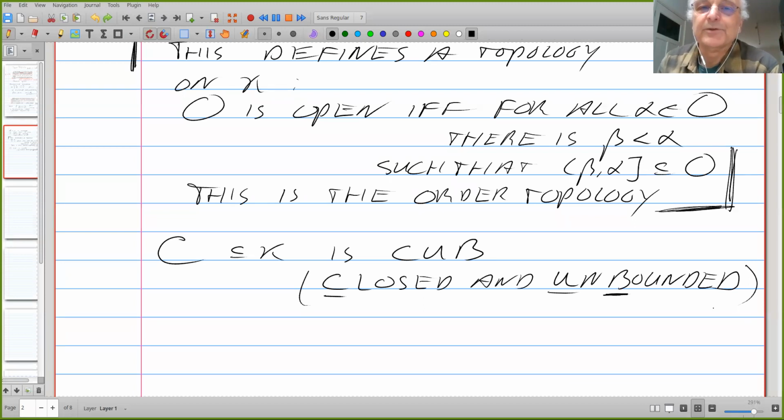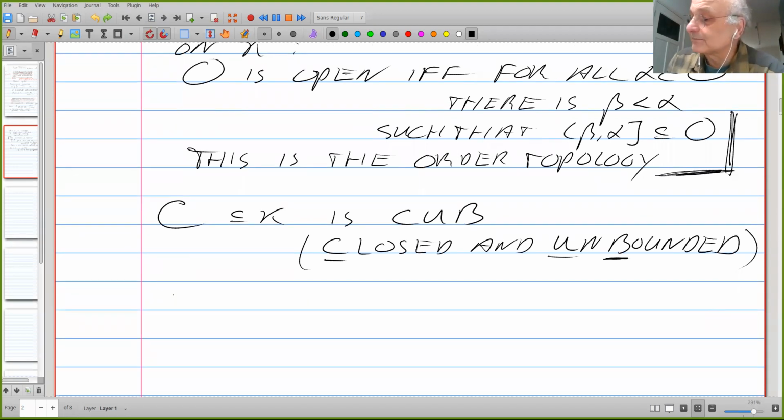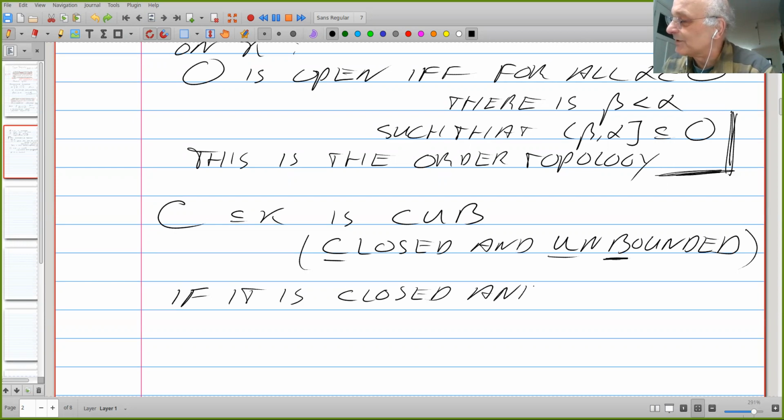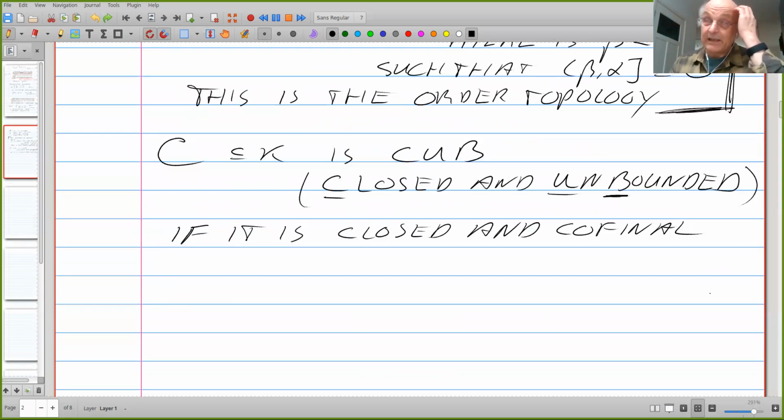This is an abbreviation you see in many papers. If what? Well, if it is closed and unbounded, okay, let's use the older word, if it is closed and cofinal. Well, in the group interaction, you'll be asked to consider various subsets of regular cardinals and to see whether they are closed and unbounded or not.